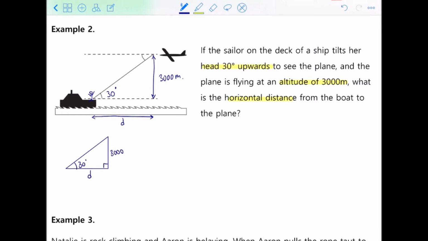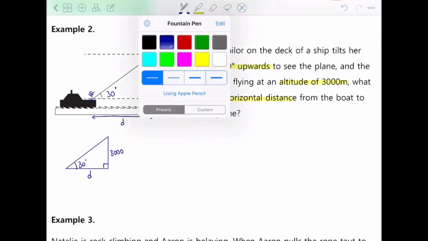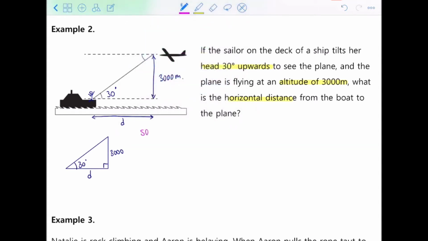Because we're solving for D, we need to choose a trig ratio. Let's see, TOA. If this is the given angle, across from that angle we have the opposite side, and the hypotenuse we don't know, we have the adjacent side. So we need to choose a trig ratio that uses opposite and adjacent.